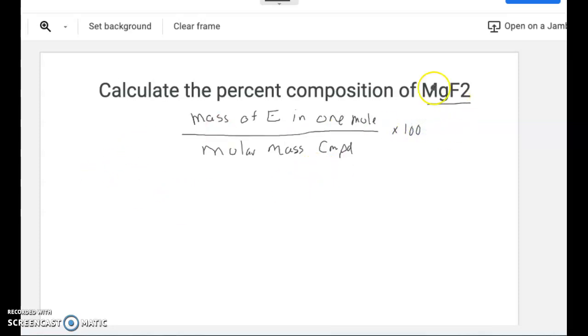Now molar mass is from the periodic table, so magnesium has a molar mass of 24.3.